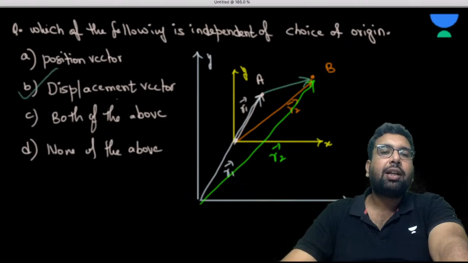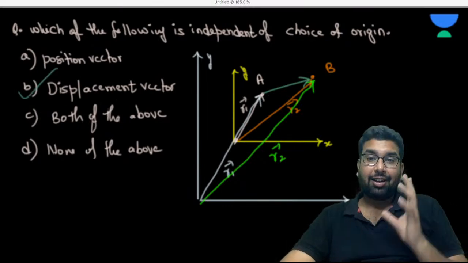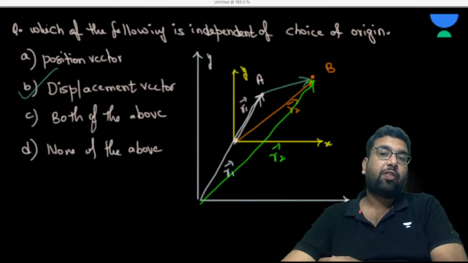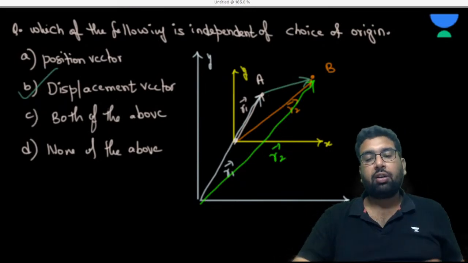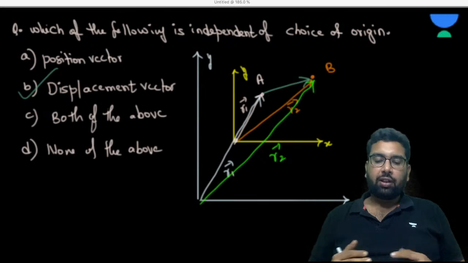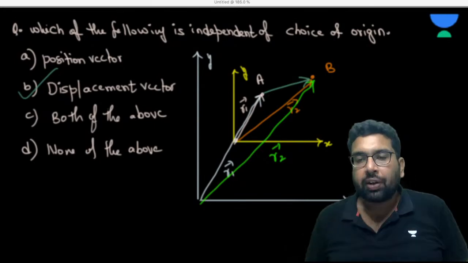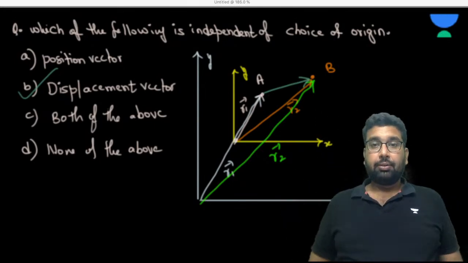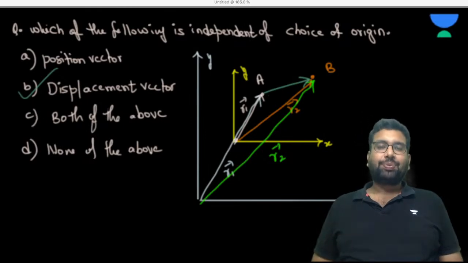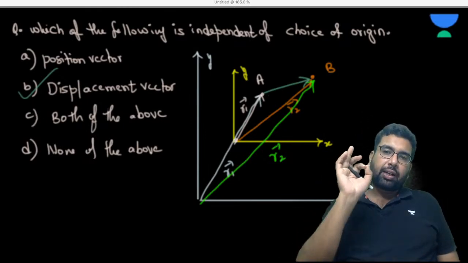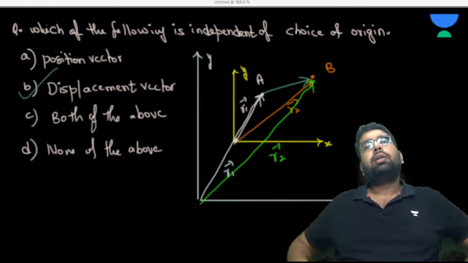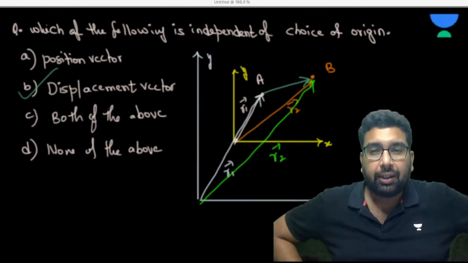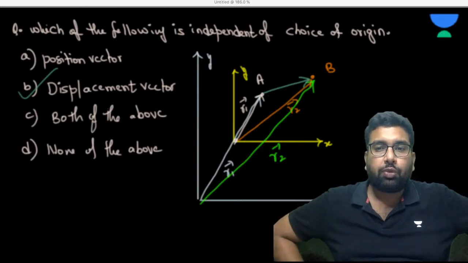So the displacement vector is independent of the choice of reference, wherever you are taking the origin. A big thing, na? Please remember, the displacement vector is independent of the choice of the origin.